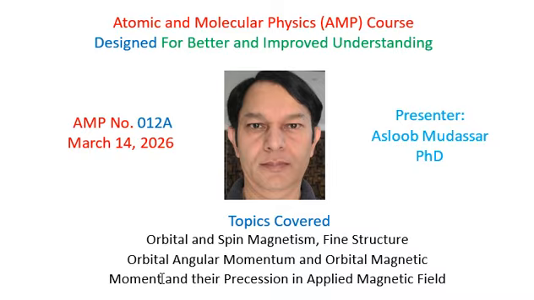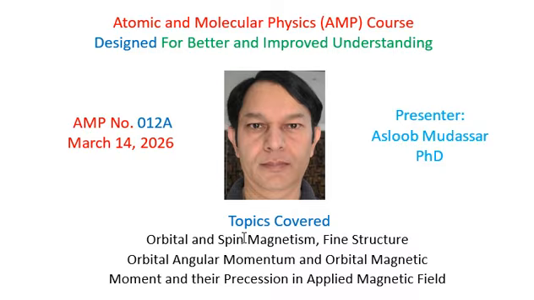In this lecture I have discussed the orbital angular momentum and the orbital magnetic moment, and their precession in the applied magnetic field. In the next lecture, I shall be discussing spin angular momentum, spin magnetic moment, and spin quantum number, and what will happen to the spin angular momentum and the spin magnetic moment in the presence of the external magnetic field.